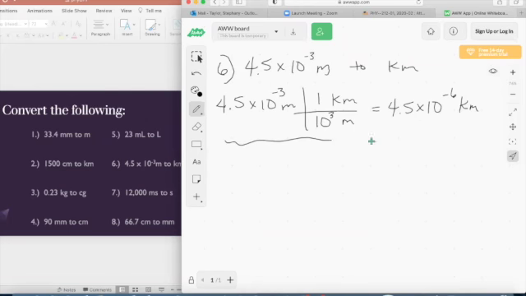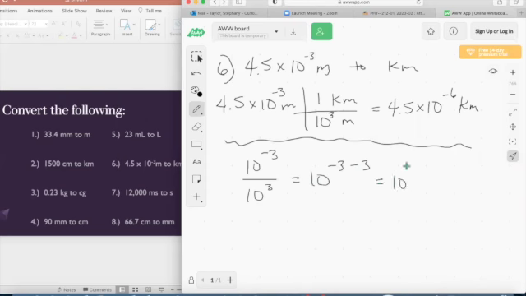And let me go ahead and do the shorthand version. If you look at our exponents here, in the numerator we have 10 to the minus third, and in the denominator we have 10 to the third, which is 10 to the minus 3 minus 3.